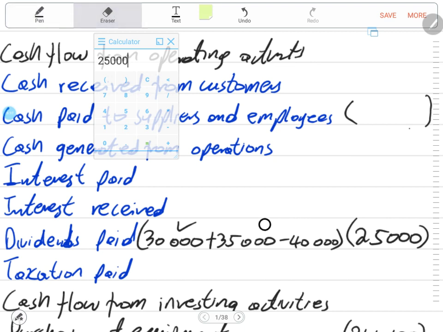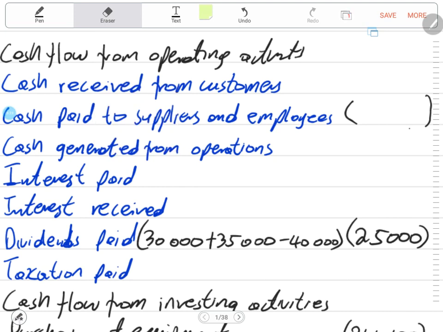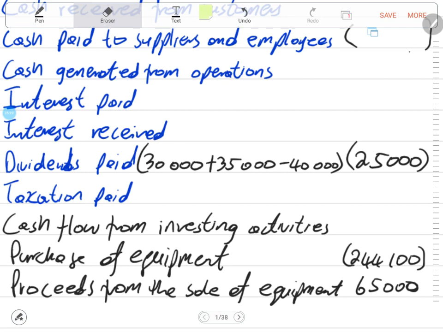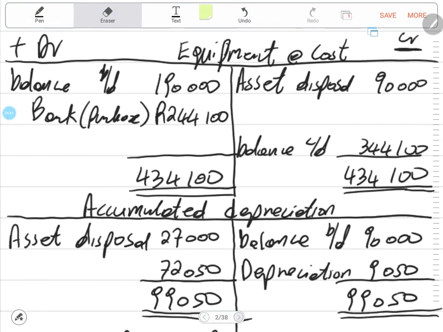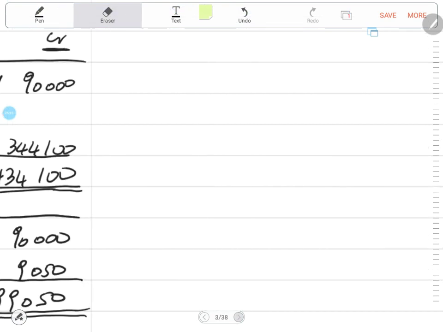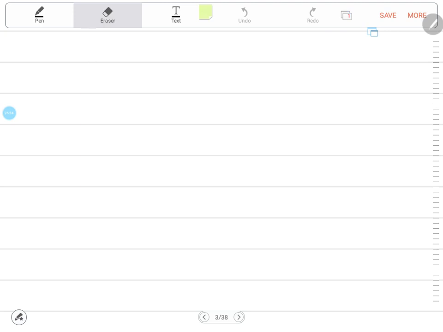Unless you have done the notes very well and they are visible for marking your workings. Then we have recorded the dividends, and at the same time do not forget that you can also do a ledger account for shareholders for dividends. I want to show you both of them.